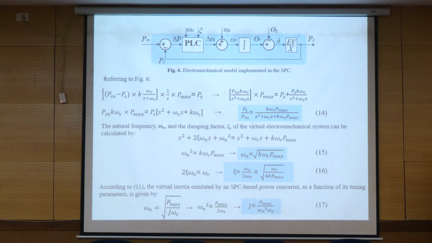P max is calculated by V times E over X, so this is a constant. We have omega C and omega S, which is the frequency that we need, also a constant. But what is the meaning of omega n? It is the natural frequency. So what is the meaning of natural frequency?